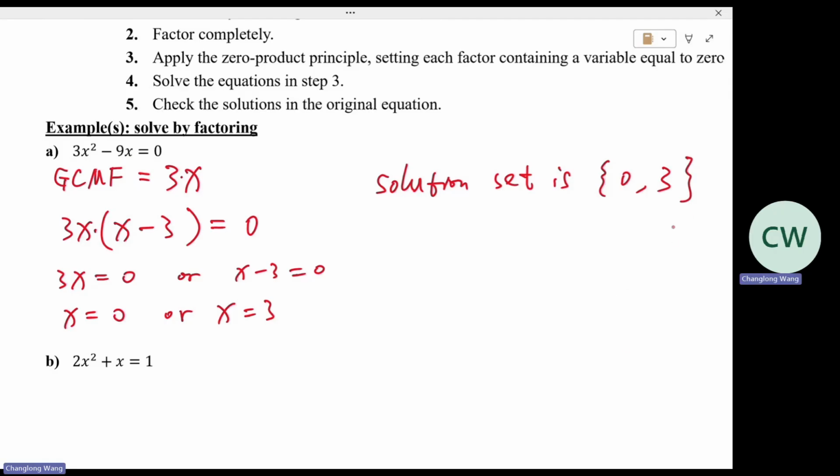You're not obligated to write your solutions in my test like that, but you need to understand you might get multiple choices that report the solutions in a solution set. So leave it as x equals 0, x equals 3, totally fine, but hopefully you get used to using the solution set.